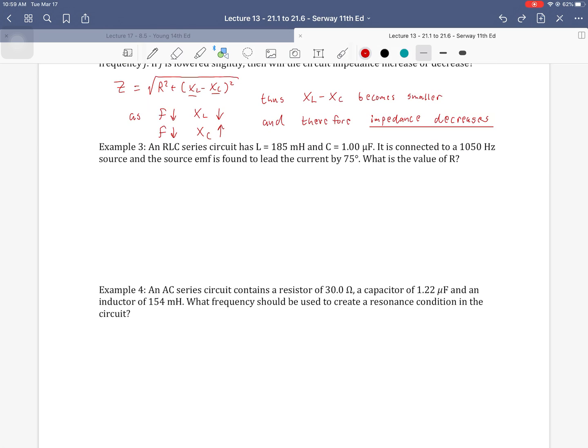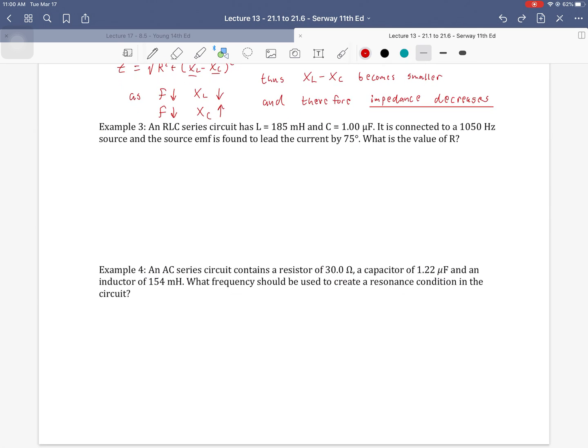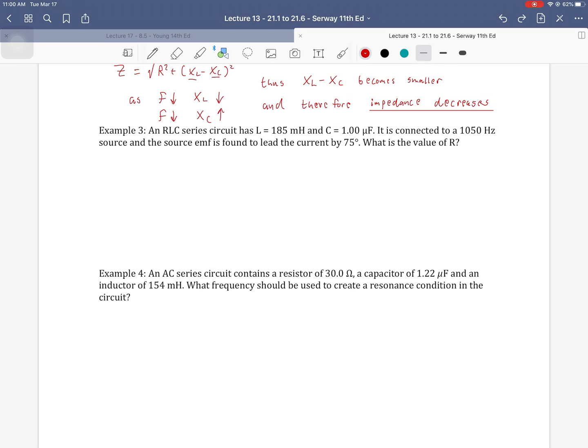Then example 4, an AC series circuit contains a resistor of 30 ohms, a capacitor of 1.22 microfarads, and an inductor. What frequency should be used to create a resonant condition in the circuit? That one is pretty straightforward, because we just want to find the resonant frequency so that the reactances of XC and XL are equal to each other.